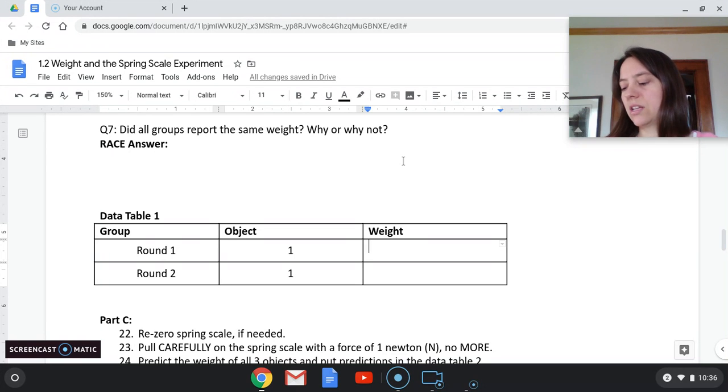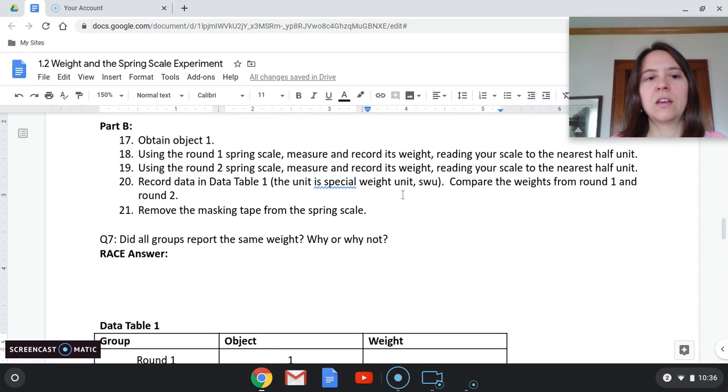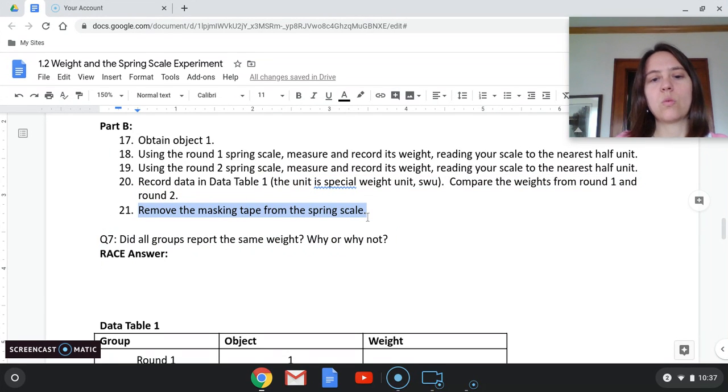And in round 2 it had a weight of 1.5 special weight units, and we put that in our data table.